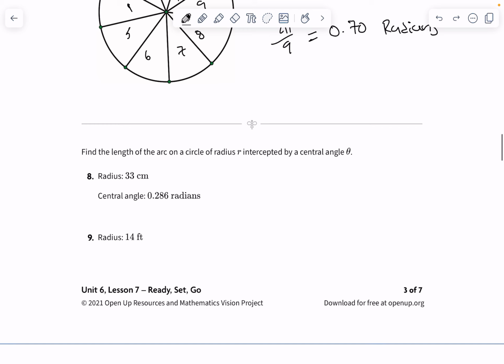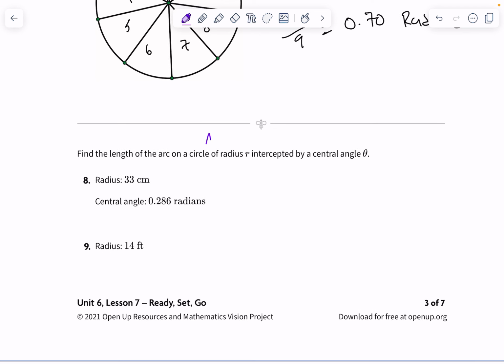Okay, find the length of the arc. So we're talking about arc length now. Arc length is a little bit straightforward. So my arc length is equal to r times theta, where theta has to be in radians. Okay, that is like the biggest takeaway from this.